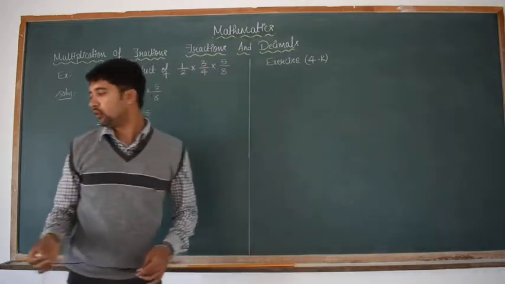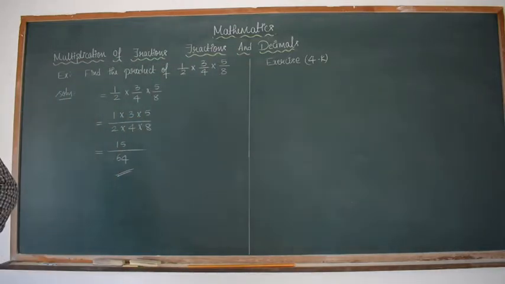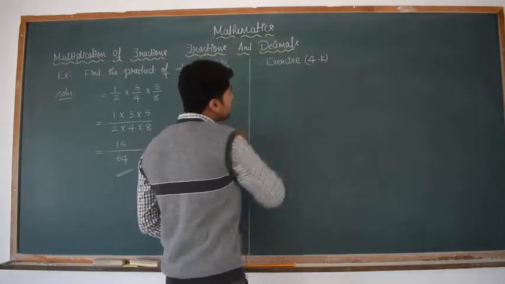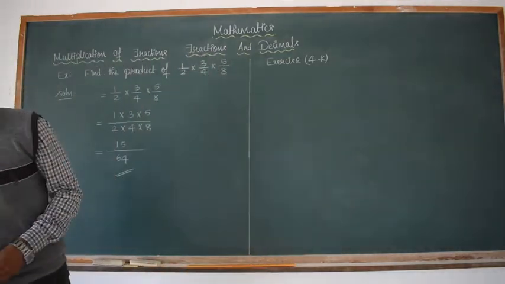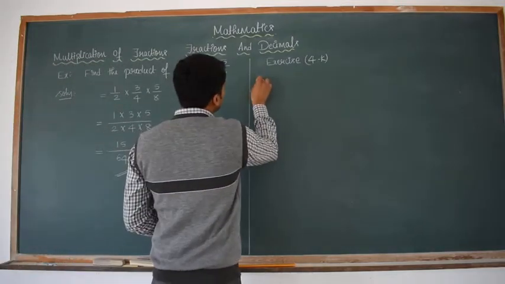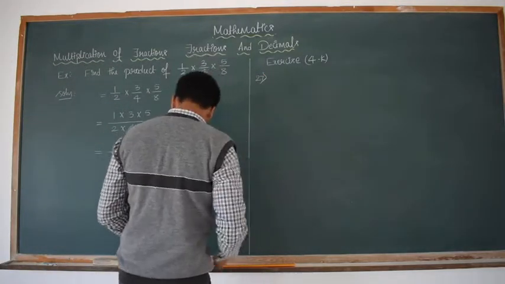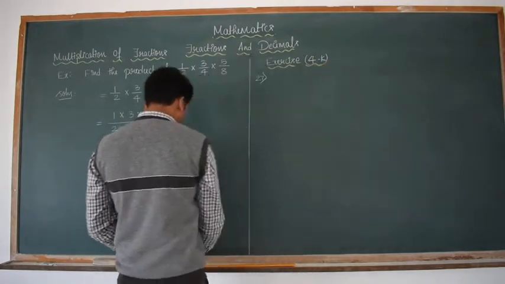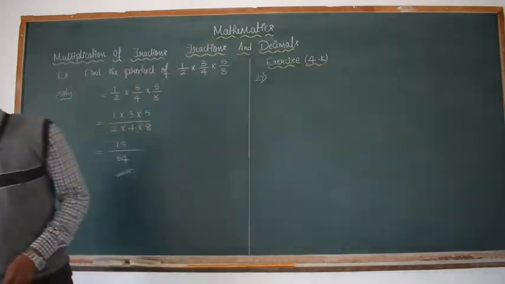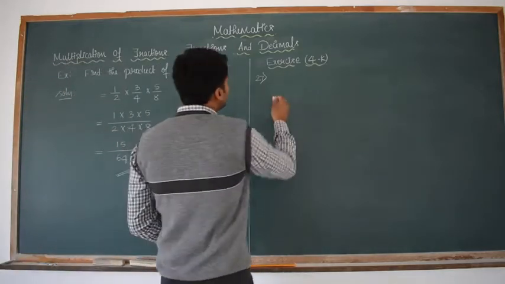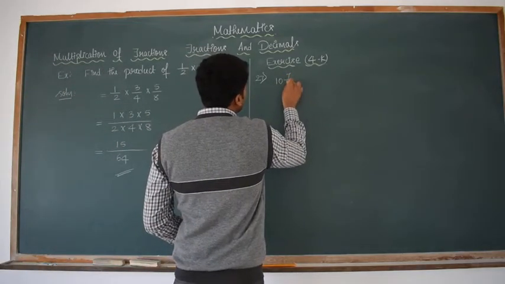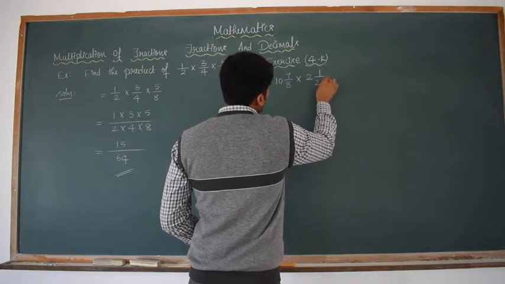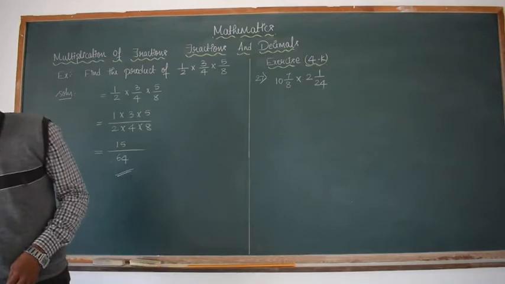Exercise 4K. So the problem is 10 7 by 8, this is the 27th problem, that is 10 7 by 8 into 2 1 by 24.